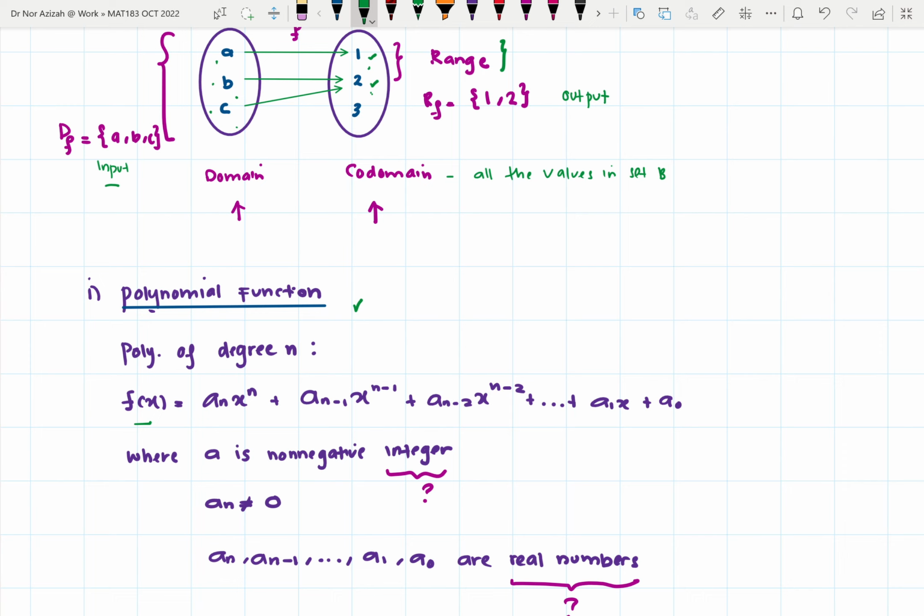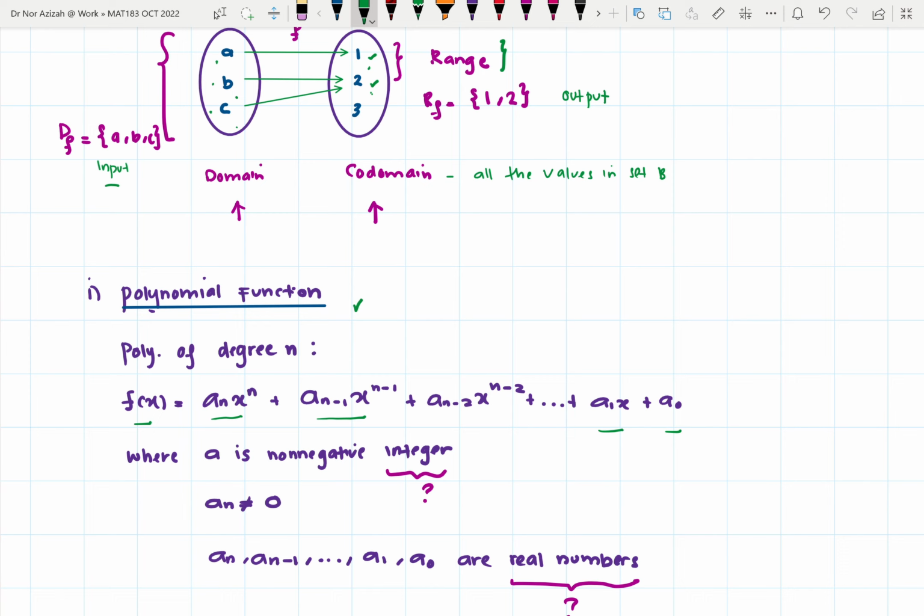The general form is a_n x to the power of n plus a_(n-1) x to the power of n minus 1, until here, plus a_1 x plus a_0. a_0 is a constant, where n is a non-negative integer.